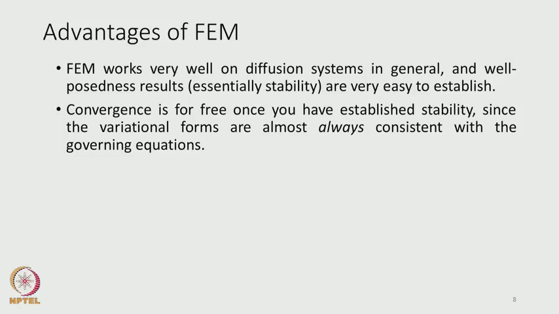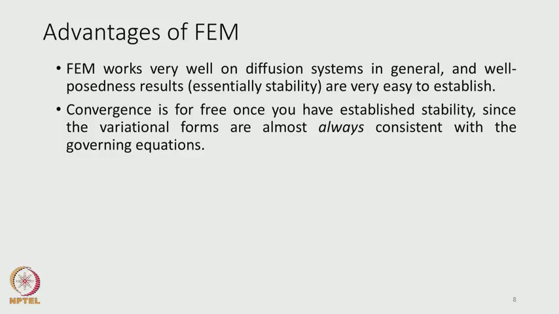So, FEM ensures convergence because the variational form which is used as a weighting to get a weighted form of the governing equation, or to get a weak form of the governing equation, is always consistent, and we have already seen the FEM procedure mostly ensures stability.